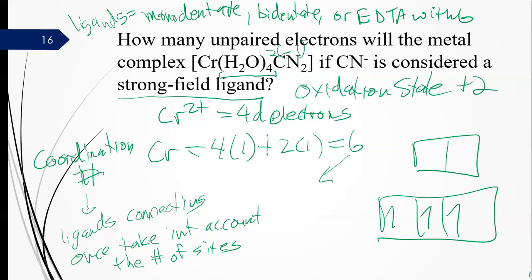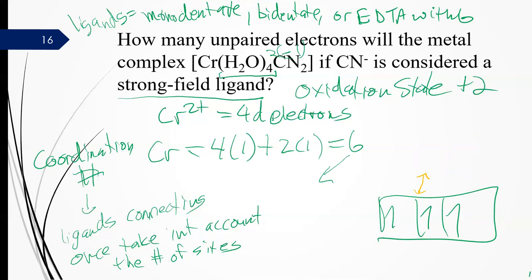The bottom. And how did you know it goes on the bottom? Because it's a strong field. So strong field means that it's going to increase the distance between them a lot.